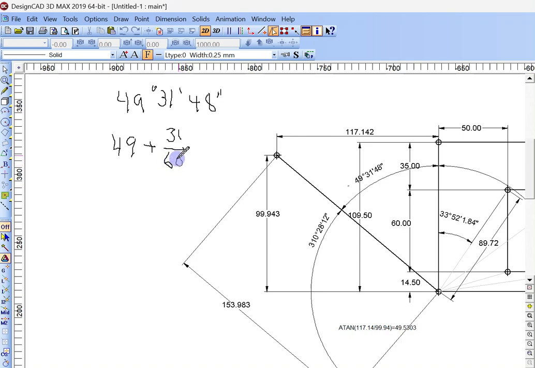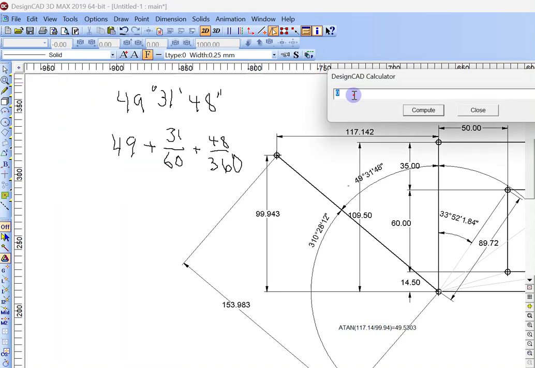That's also degrees. 31 60ths of a degree plus, that has to be in degrees too, so it ends up being 48 divided by 3600. All right, just so you see how it's done. So let's just put that in the calculator.